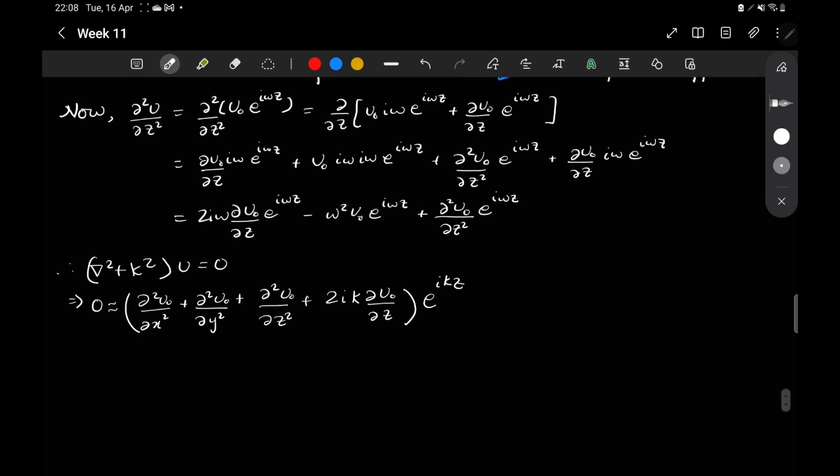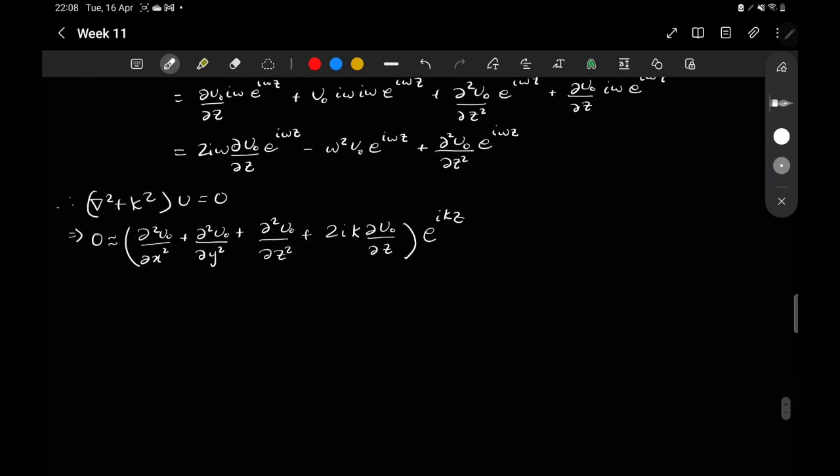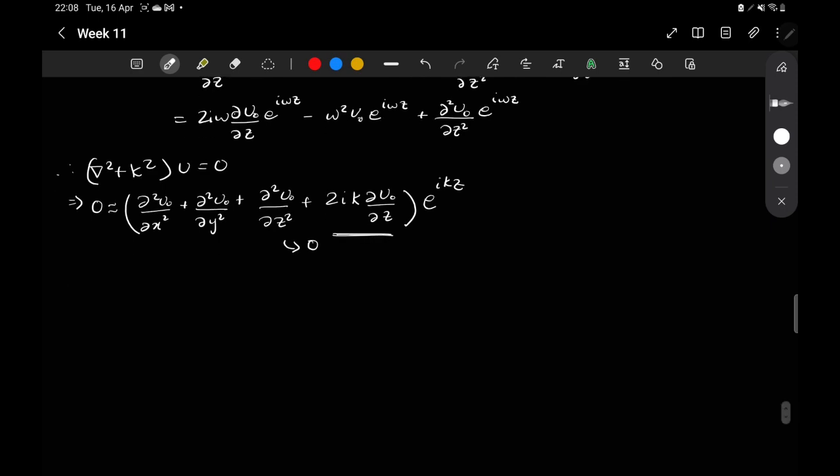This is under the paraxial approximation. Now we can ignore this term also in comparison to this term. This is also part of the paraxial approximation.